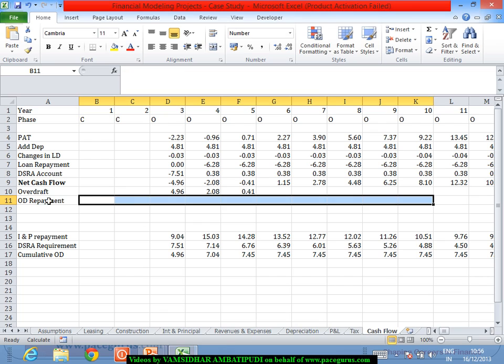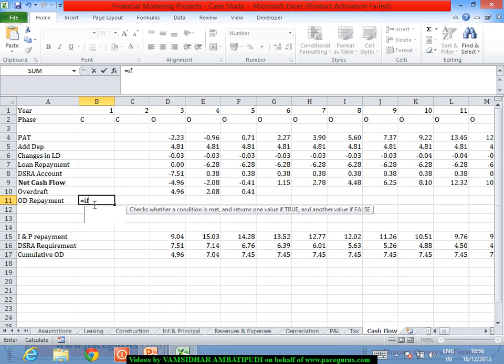So what I can very well look at is, if this is equal to operations, what I'll see is if the cash flow is positive in a particular year. All I can look at is what is the outstanding OD.